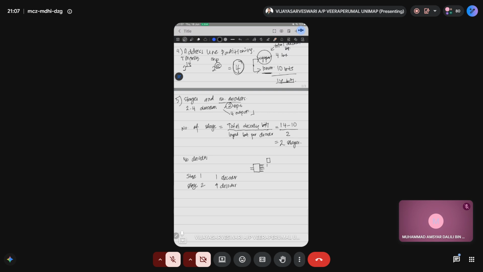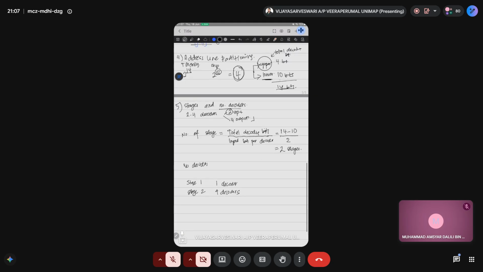Something like this, so it can be attached here. That's why we need the 4 decoders. Stage 1, you need 1 decoder. This one will be from A9 to A0, and this one will be from A13, the balance, A13 to A10.